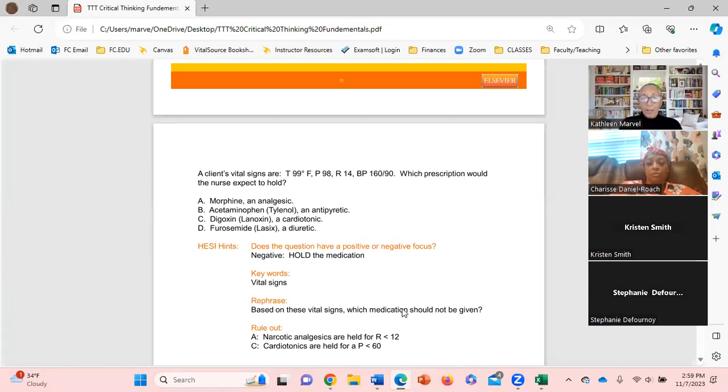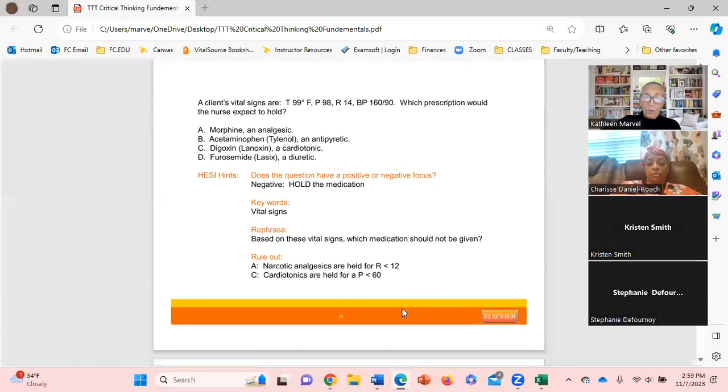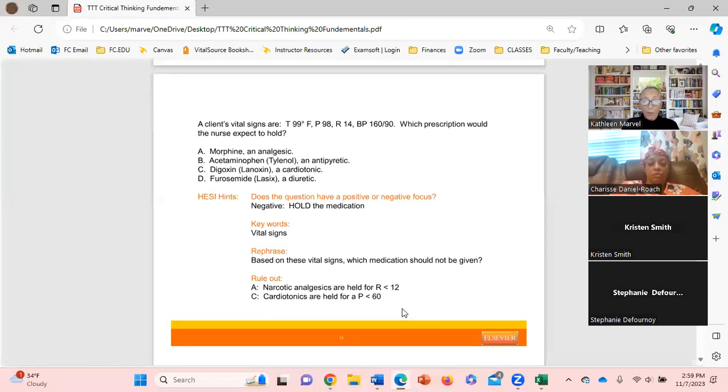So these are some of the things to do when you get a question. Is it positive or negative? What are the keywords? We already talked about whether it's asking for a priority. Keywords would be priority, greatest. In this one, the keywords would be vital signs.